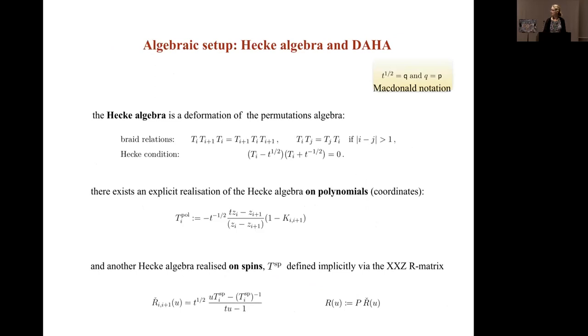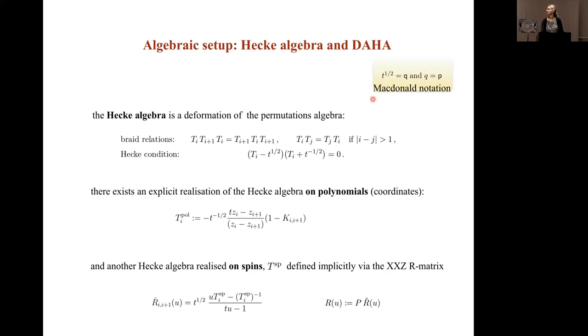So the algebraic structure that you use here is not anymore based on permutations, but it's based on what is called the Hecke algebra, which has the same braiding relation as the permutations, but instead of P squared equal to 1, you get this Hecke condition. I'm sorry that there are some different conventions in different fields of integrability.